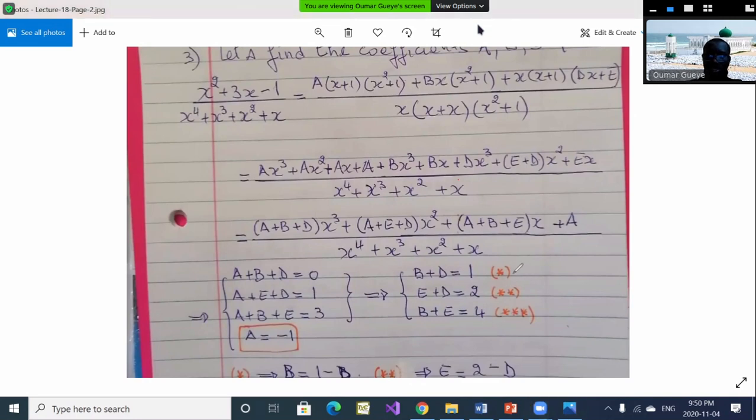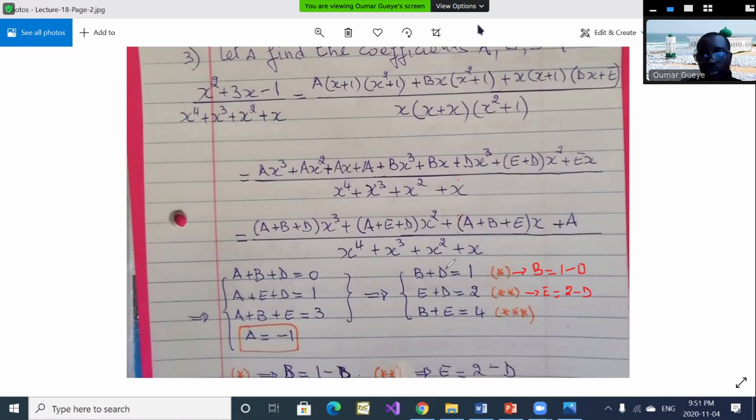So now from this equation, you have B equal to 1 minus D. And from the second equation, you have E equal to 2 minus D. And that's exactly what I wrote here. The first equation is what I call star. The second equation is double star. And the third equation is triple star.